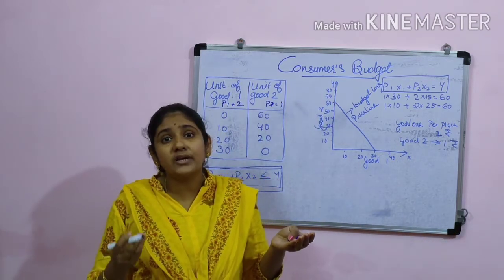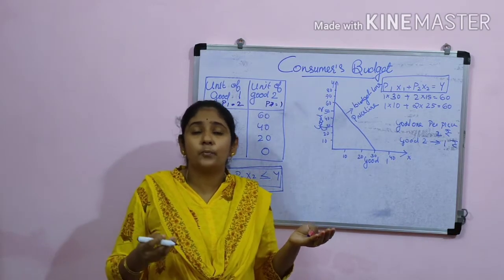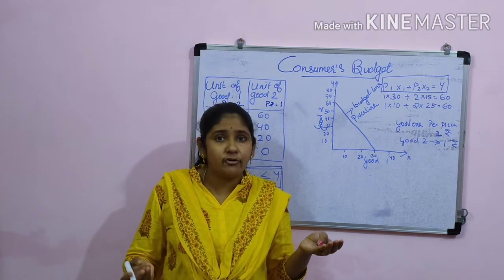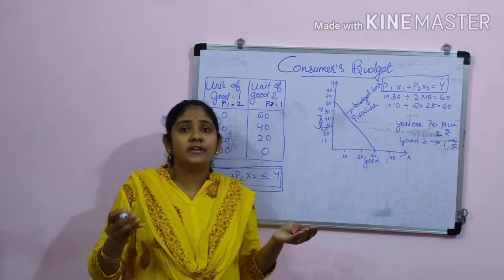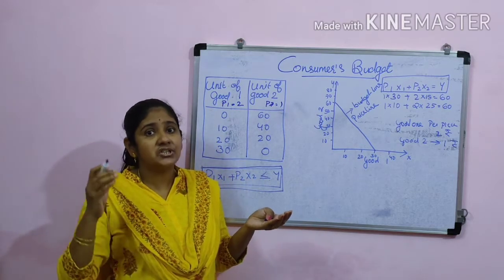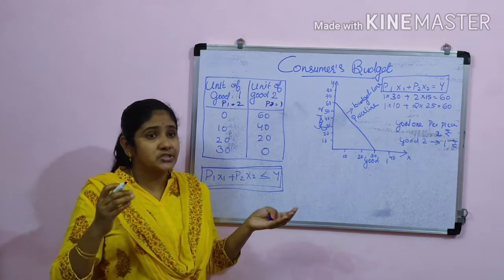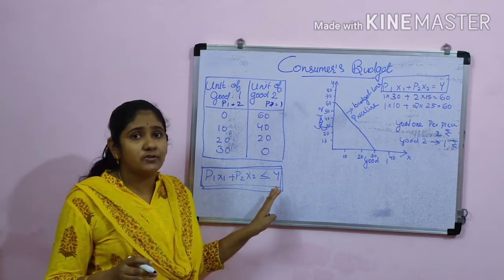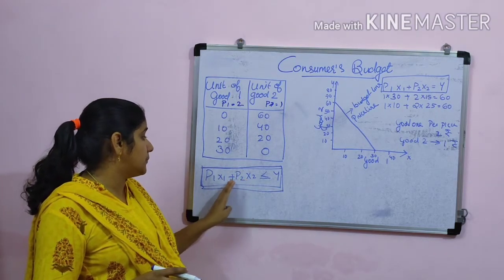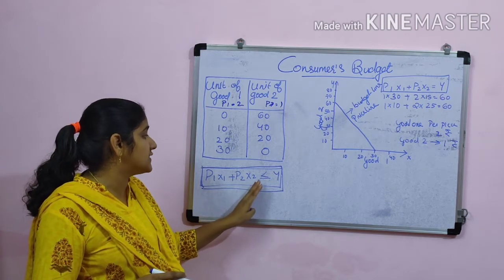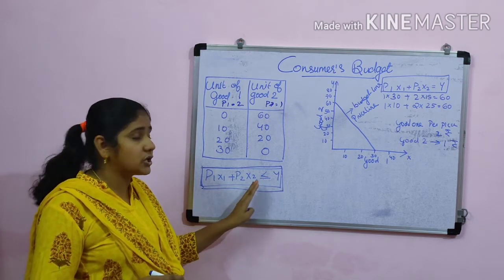That is more than my income. So how is it possible for me to afford that if I am the consumer? So in that case, the budget set formula, otherwise the equation for that, is P1x1 plus P2x2 less than or equal to Y.